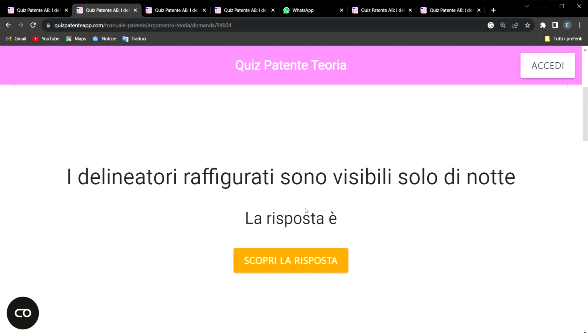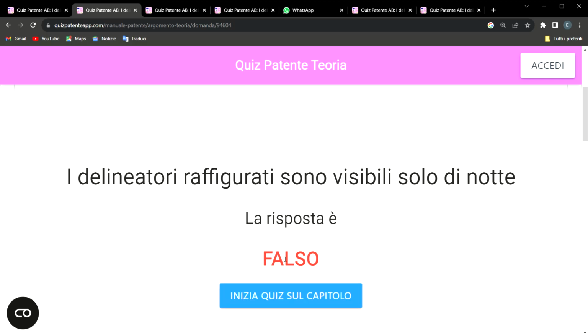We have another question which says i delineatori raffigurati sono visibili solo di notte. Vero o falso? The answer to this question is falso. Let me explain the reason why this one is falso.